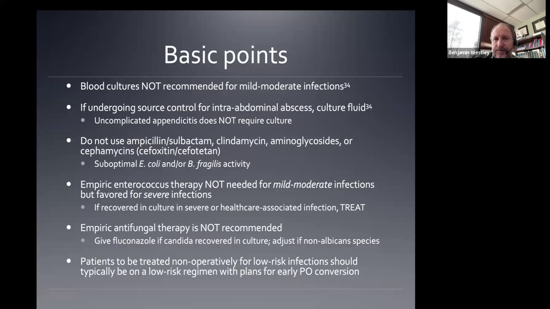And then if a patient is well enough or stable enough to then be treated non-operatively, so like say you drain an abscess with a percutaneous drain, then the regimen of antibiotics used ought to not be an antibiotic for a very severely ill patient, generally speaking, because by not operating and using a percutaneous drain, we're generally saying that the infection is mild enough to not require the more aggressive treatment.